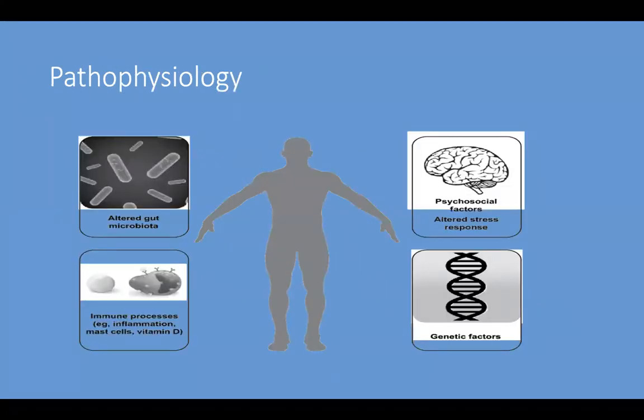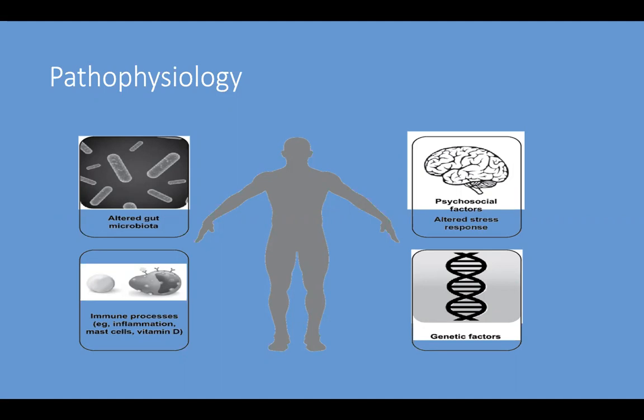Pathophysiology of IBS. As I said, there is no known etiology. It is based on theories. So it is a multifactorial syndrome. It could be associated with psychosocial factors, as I said. It has a genetic component also to it.